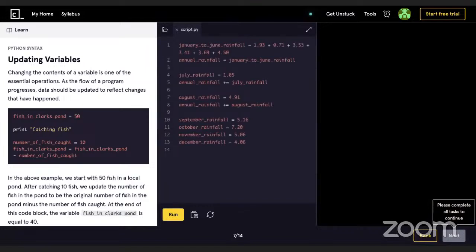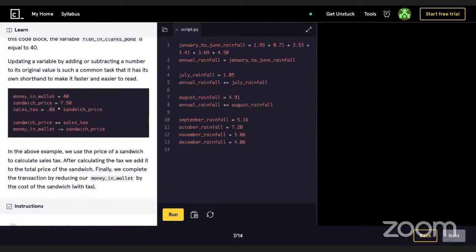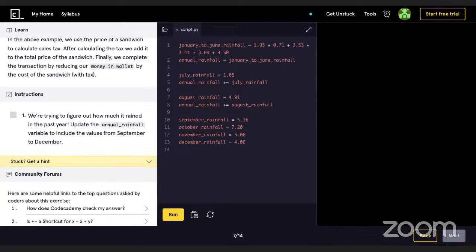If you scroll down for me, please. Scroll to the instructions. I know what to do. Can you explain? First of all, I'm going to line 14 or 15.